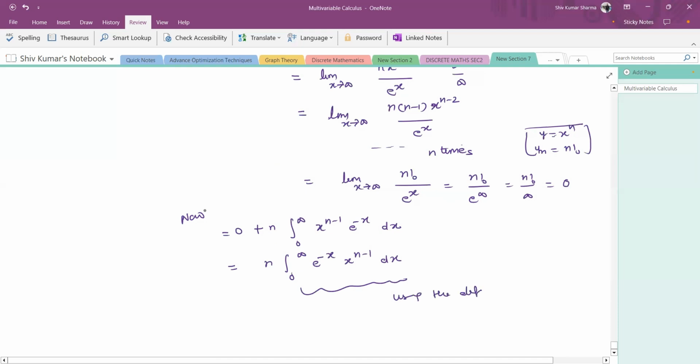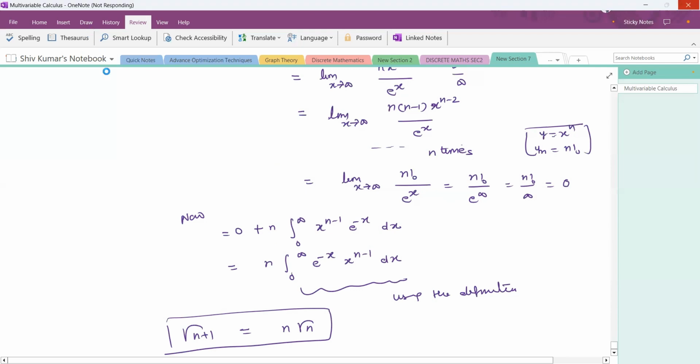The definition says that this is the value of gamma n. So here we have proved gamma n plus 1 is equal to n gamma n. So remember, this is our second property. We have proved gamma n plus 1 is equal to n gamma n.